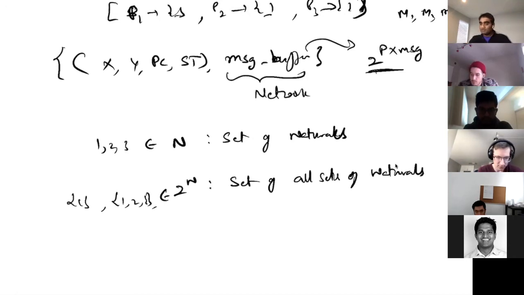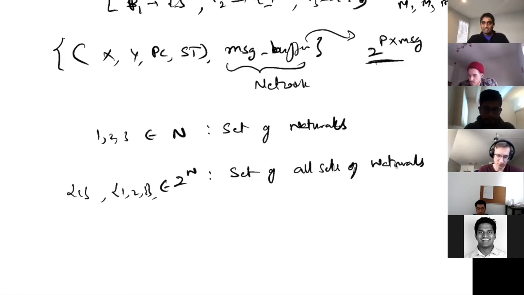Here we are thinking of a message as just the message value, not including the destination ID, and you want the message buffer to contain, along with the message contents, also the destination process ID. If you're being even more specific, Prashant, you can also model it as P cross message, as you have suggested. But I'm dropping the first P cross because it's not needed for the rest of the proof. You could have done that as well, and it would still be okay. Okay, good so far?